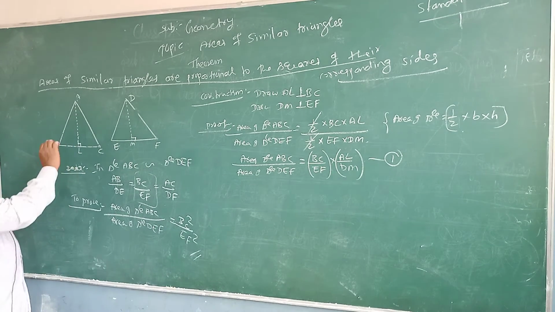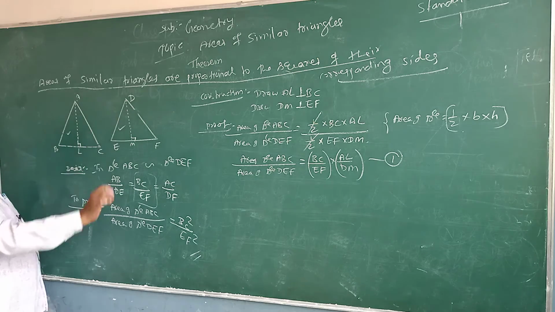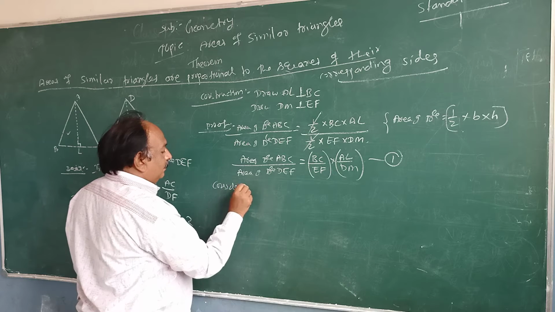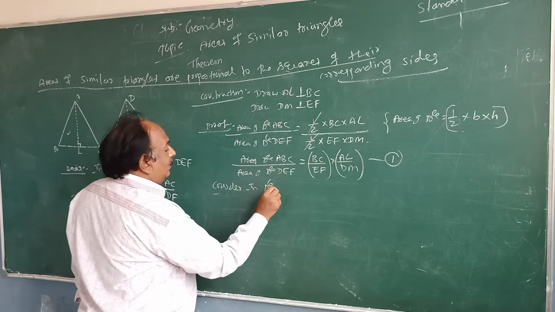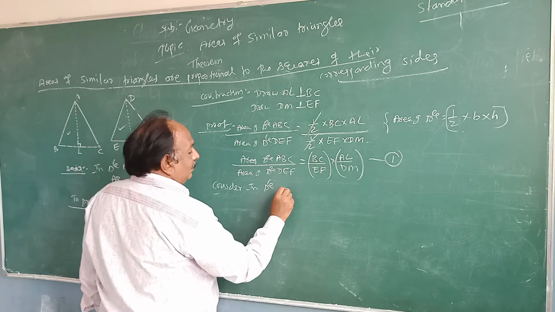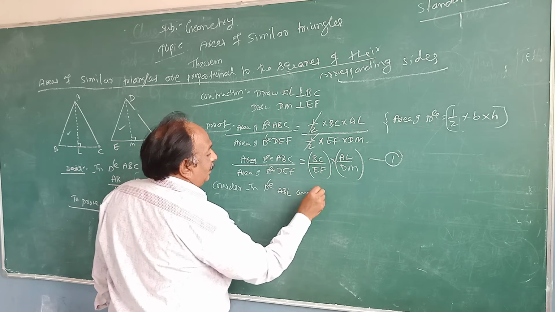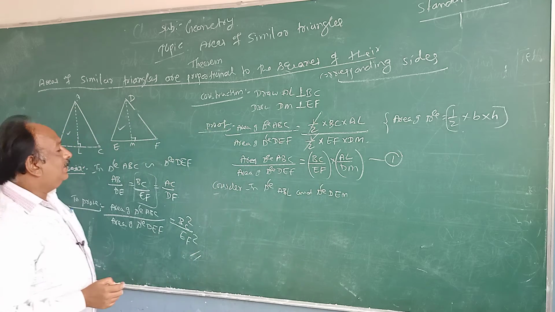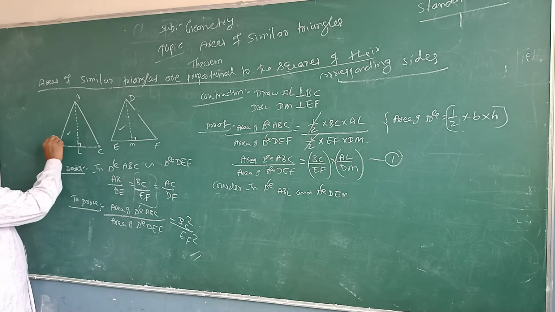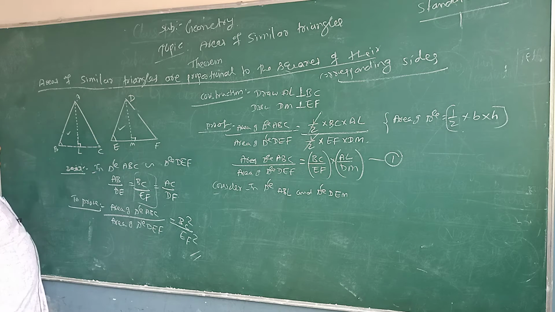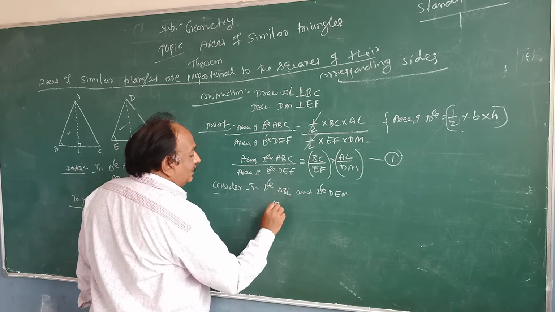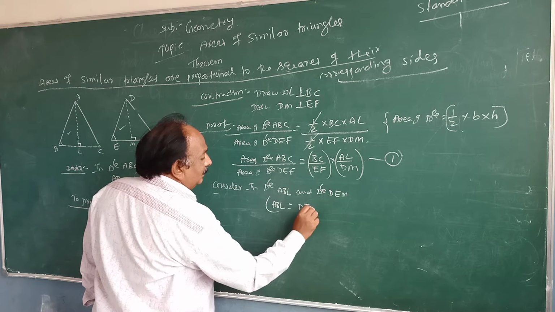Now consider half of this triangle. In triangle ABL and triangle DEM, this angle is equal to this angle because it is a similar triangle. Therefore, angle ABL is equal to angle DEM.